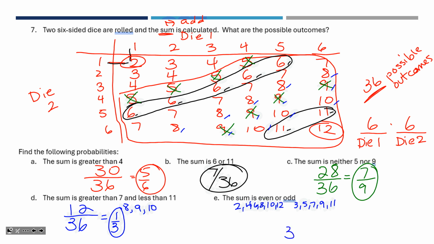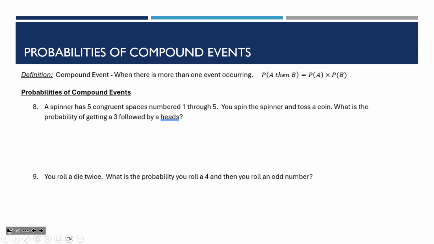So out of all the 36 numbers, all 36 of them are either even or odd. In other words, there's a 100% chance when I roll two dice and add them together that the sum is going to be either even or odd. Okay. So that is basic probability.